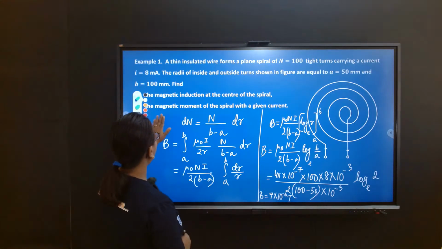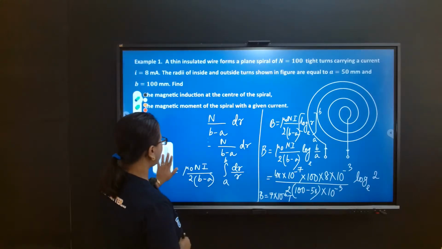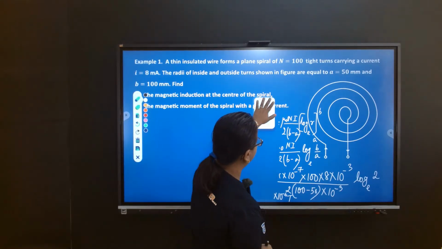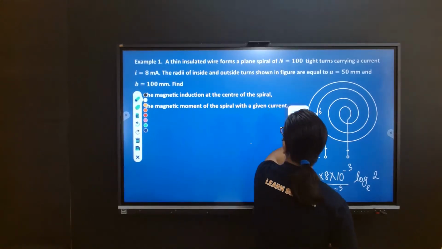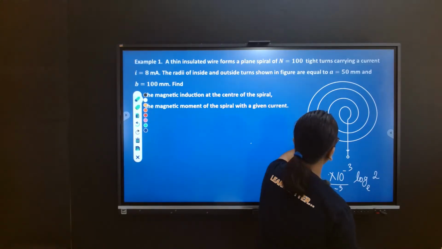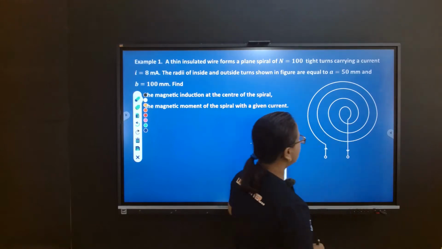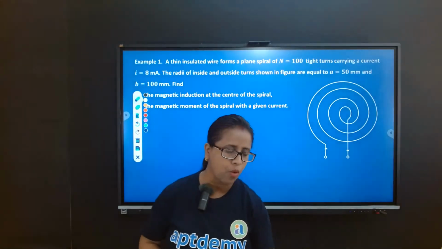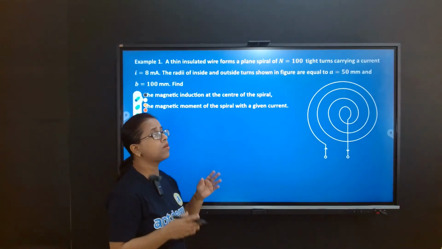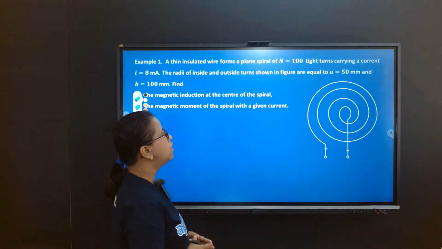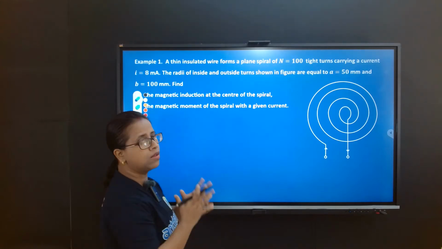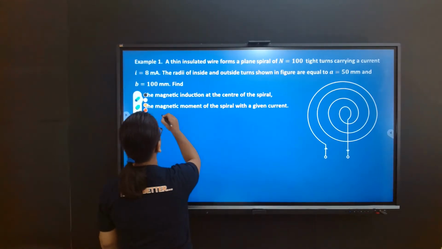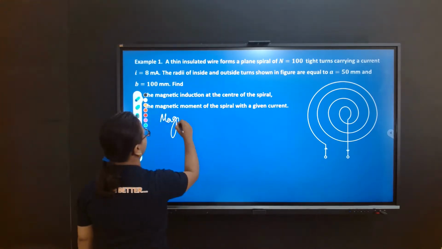Now, keeping an eye on the remaining part of the question, we need to find out the magnetic moment of the spiral with a given current. So, magnetic moment. Now, if we consider the circular coil with a single turn, that is for a single loop, how do we write the magnetic moment in that case?